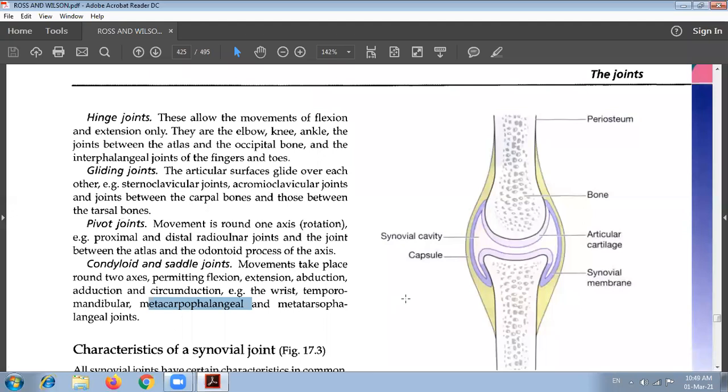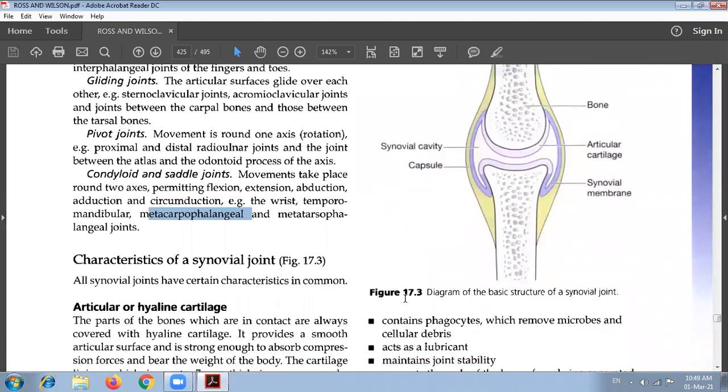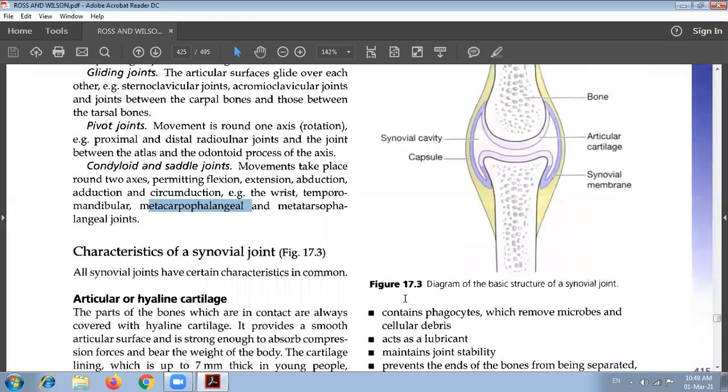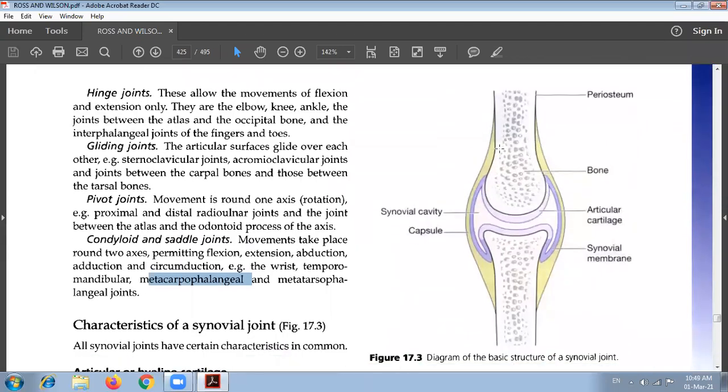So let us see the characteristics of synovial joints. Here you can see two bones which are joined together. The two bones come together to form a synovial joint, and this is the synovial membrane, synovial cavity, capsule of the synovial joint, and the edges of these bones have a covering of articular cartilages.